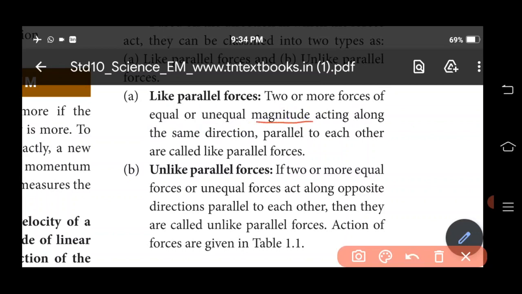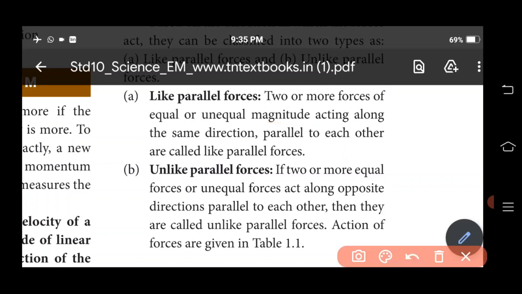Nothing but value, the length of that arrow mark. So it may be 3 centimeter, 2 centimeter, or the same length, acting along the same direction parallel to each other, called like parallel forces.